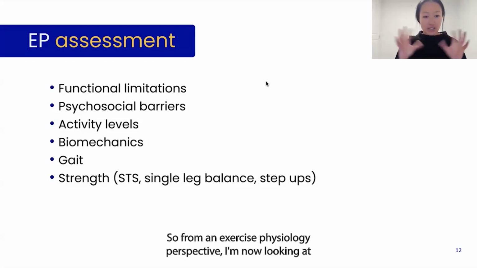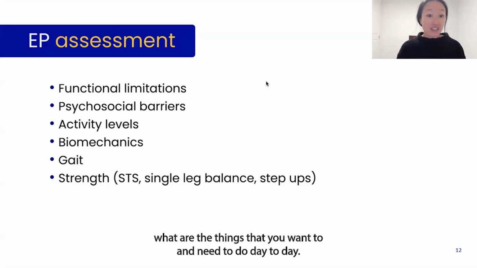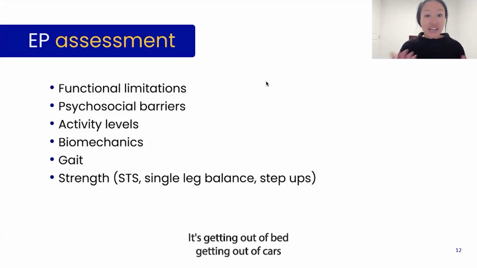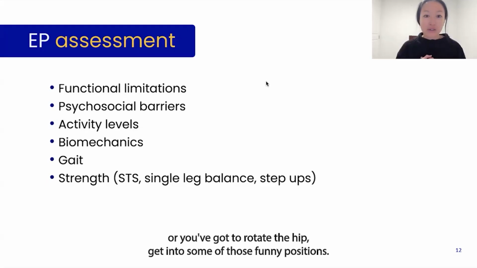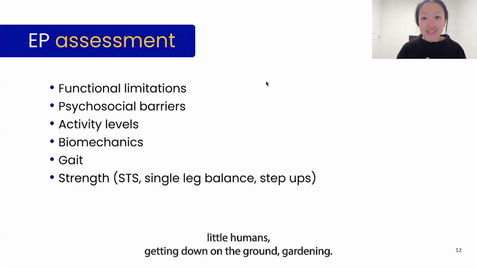So from an exercise physiology perspective, I'm now looking at functional limitations. So what I mean by that is, what are the things that you want to and need to do day to day? You might need to climb stairs, getting out of beds, getting out of cars where you've got to rotate the hip, get into some of those funny positions. It might require lifting things, lifting little humans, getting down on the ground, gardening.